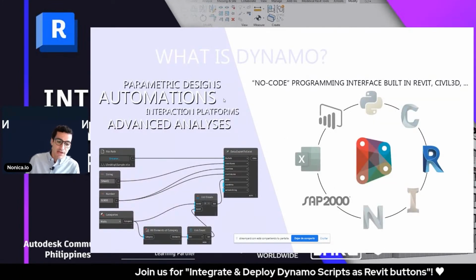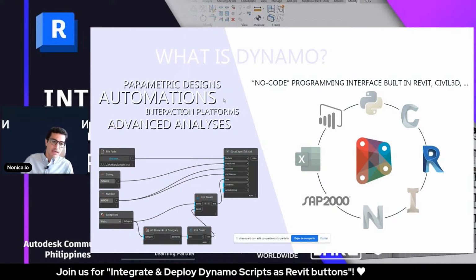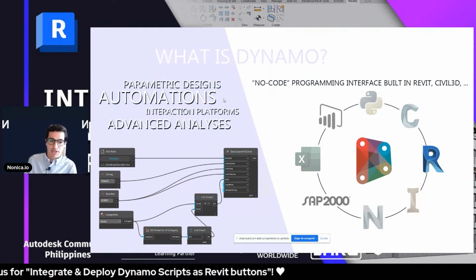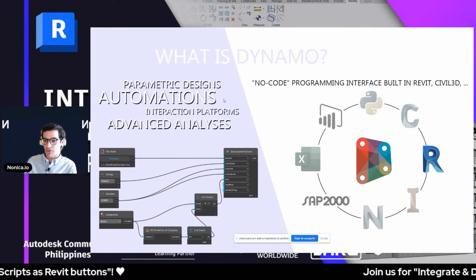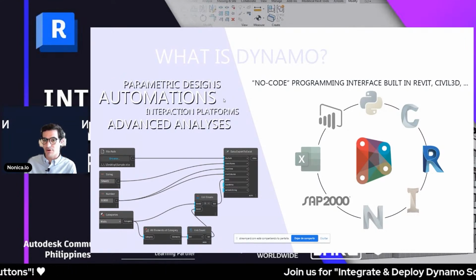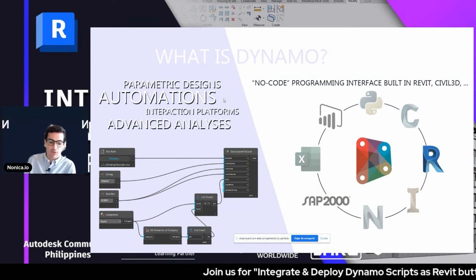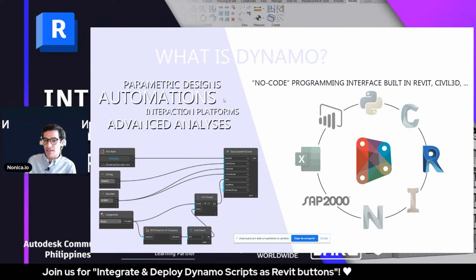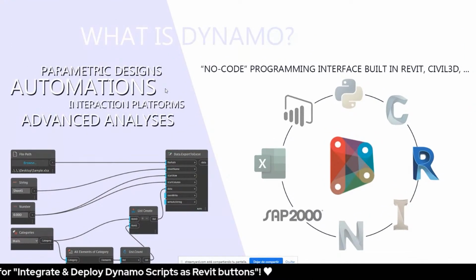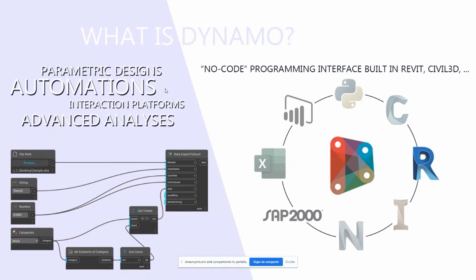But before the presentation, I thought it would be interesting to give a brief introduction of what Dynamo is. I'm pretty sure that most of you have heard of it or have worked with it before, but maybe there is somebody who has never heard of it or wants to know more about it. Dynamo is a no-code programming interface built into Revit and Civil 3D.